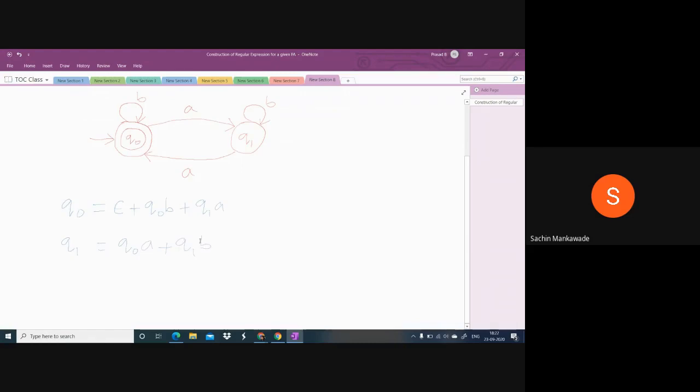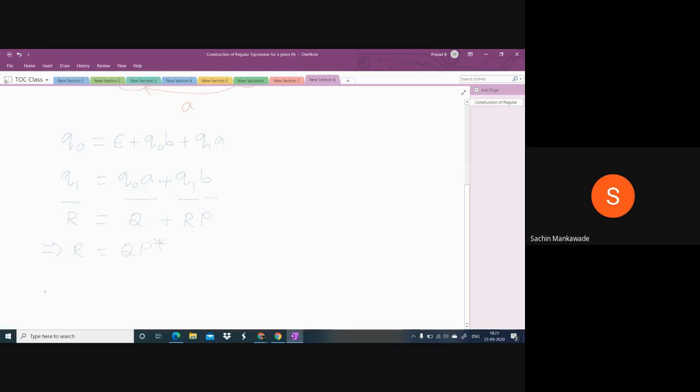In these two equations, Q1 is the only state having two terms. So we compare this as R equals Q plus RP, where this whole is Q and this both are Q1, so R is this and P is this. R equals Q plus RP implies R equals QP star.